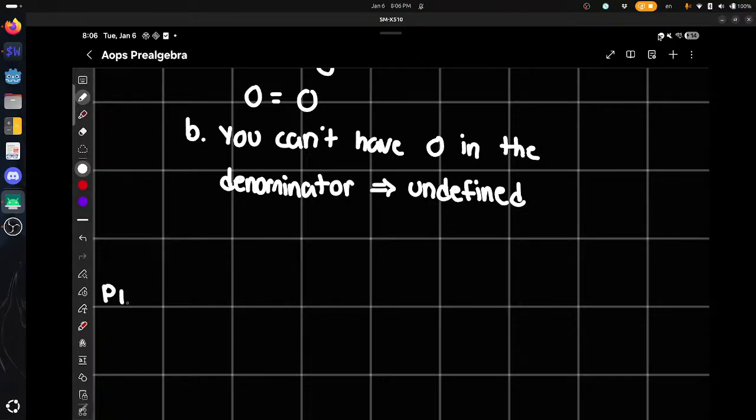So problem 30, explain why the reciprocal of 1 is 1. I have to look back at that definition.